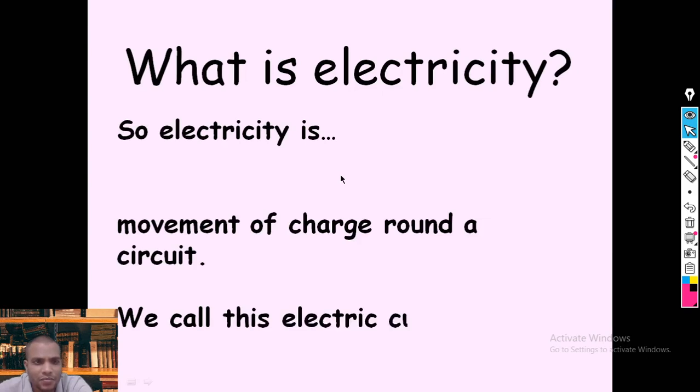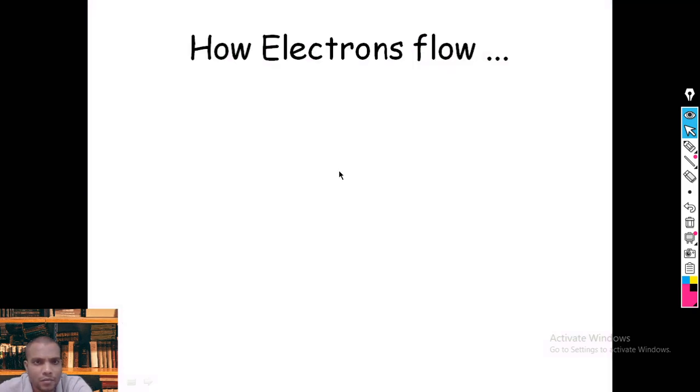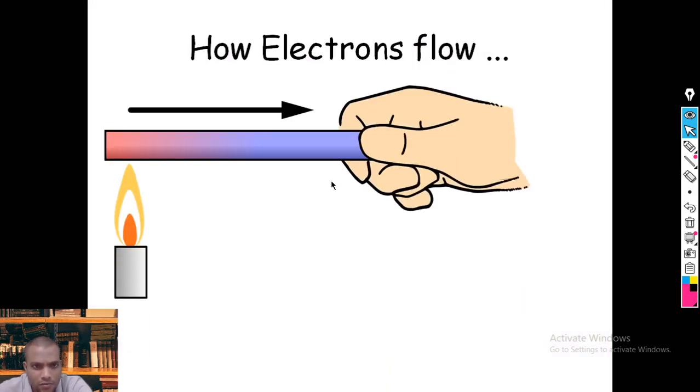So finally, I can define electricity. Electricity is the movement of charge around a closed circuit. We call this electric current. How do electrons flow? Just like if you take a candle and put a metal rod, heat flows from one end to another end. Here the heat is carried by the electrons.